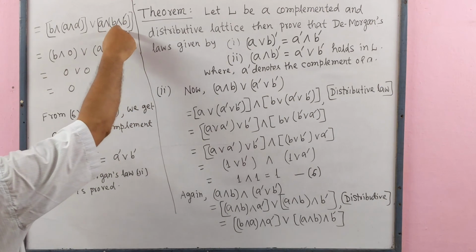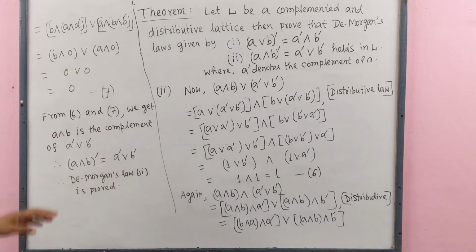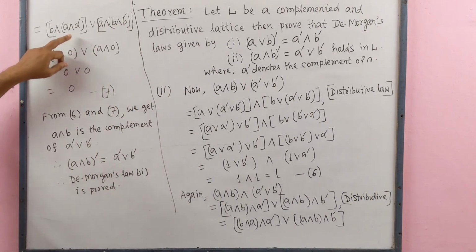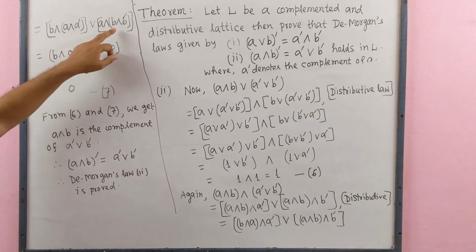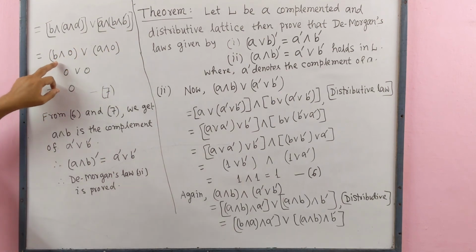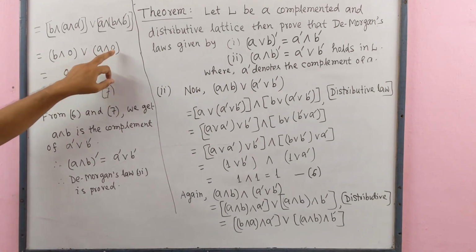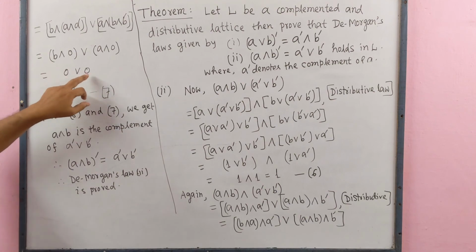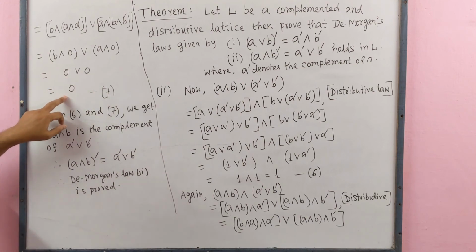Here A meet A prime equals 0. Here also B meet B prime equals 0. B meet 0 equals 0, and also A meet 0 equals 0. 0 join 0 equals 0.